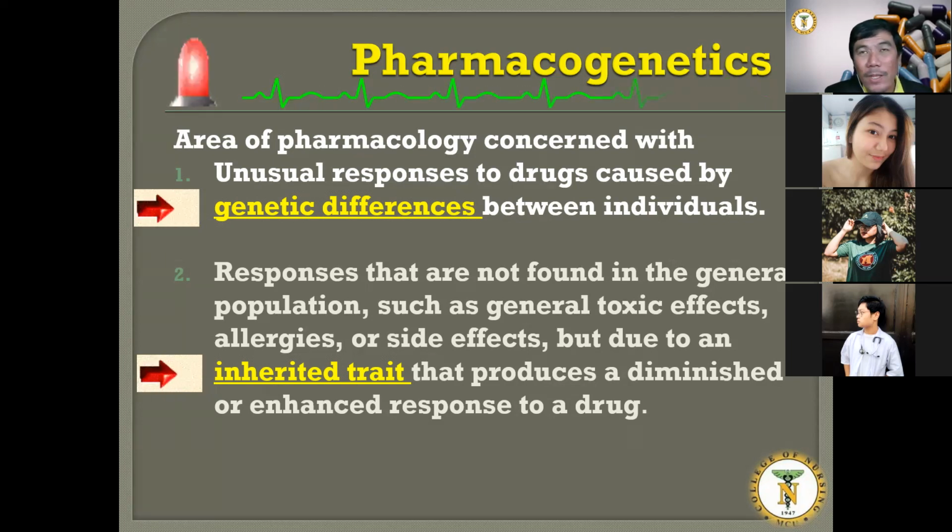So a normal individual who does not have any history in the family of asthma may have a different response from those who have a history, because the risk of allergic reaction is higher for those with a history of asthma. So those are the concepts that are very significant to be part of the nursing responsibilities.